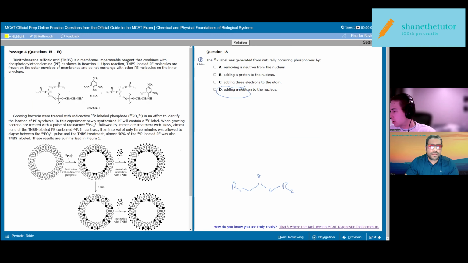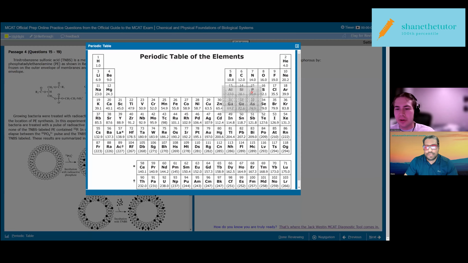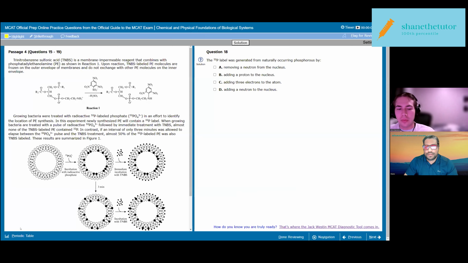Okay, this label generated from naturally occurring... I mean, I got this right. It's an isotope. So phosphorus is normally 31 mass number. Atomic number is 15.